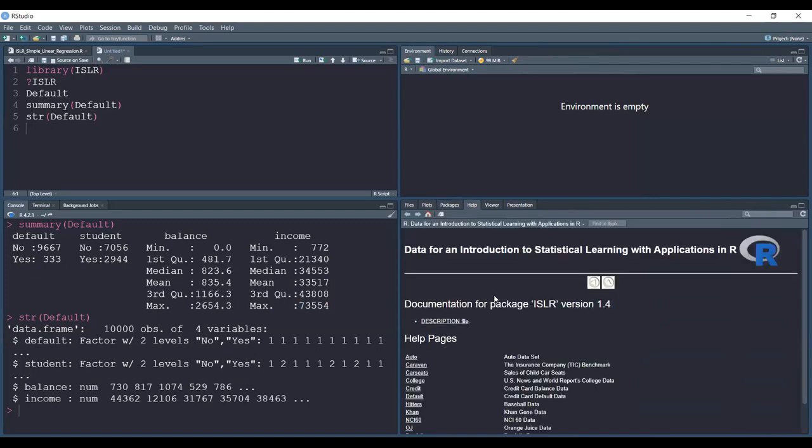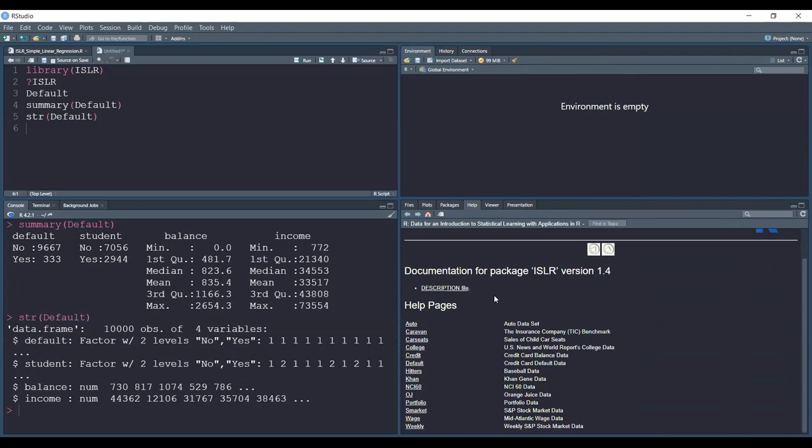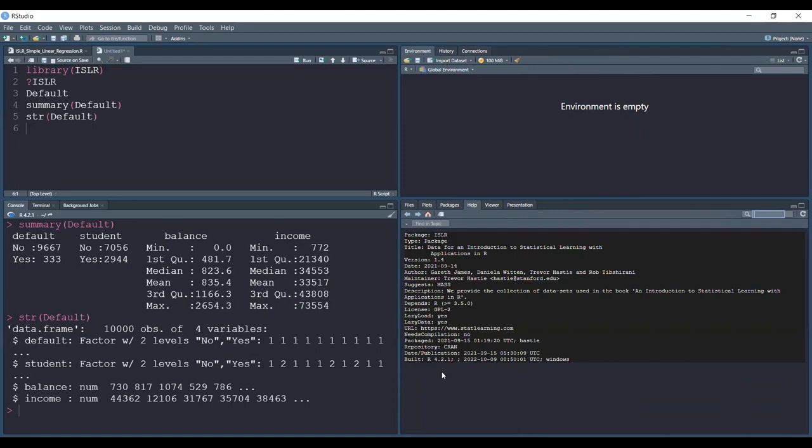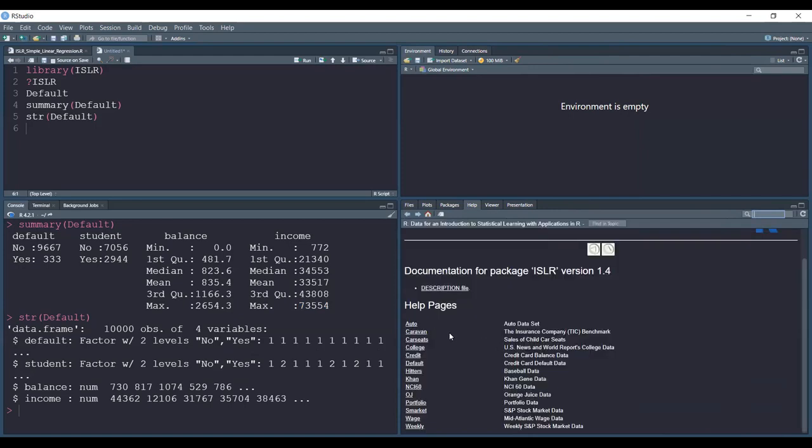You click on the link, and you have the list of functions and the list of data sets. This is a package which appears to only contain data sets.